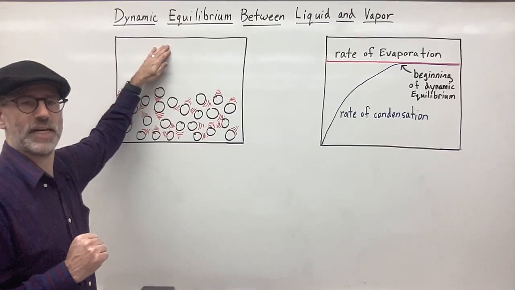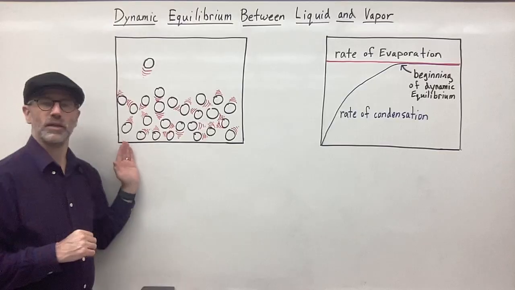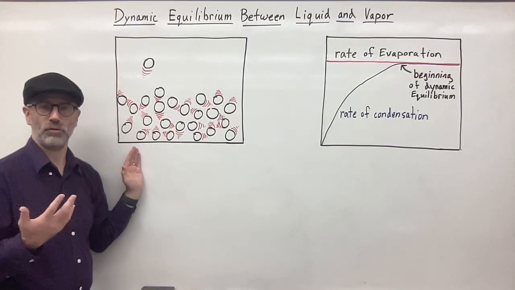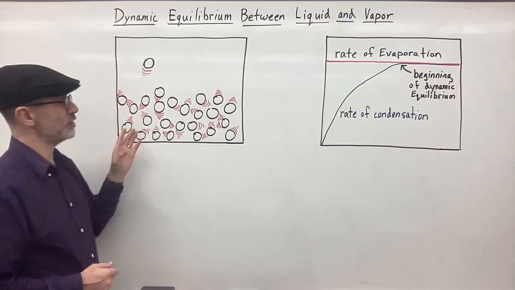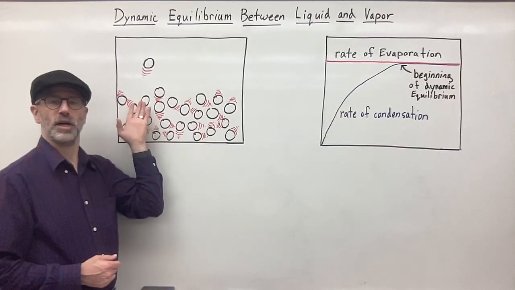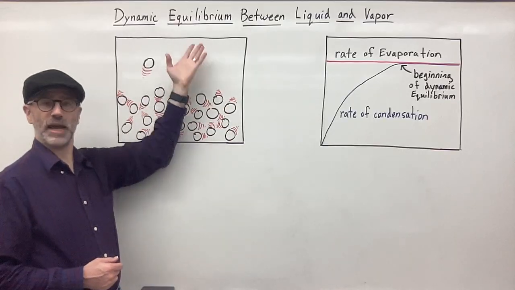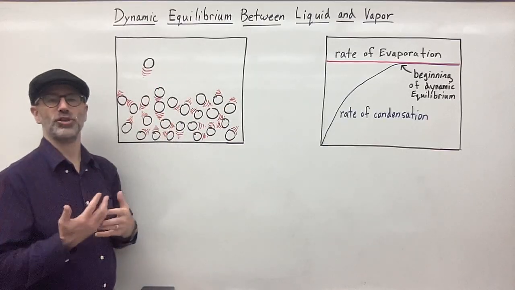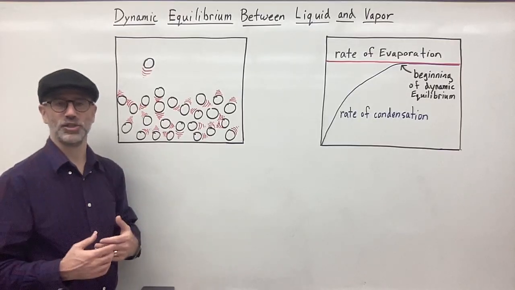The rate of condensation is 0, but the rate of evaporation is some number of particles per second. But as soon as you get water molecules breaking free of the surface and joining the vapor phase, now you're going to start to see the opposite process, which is condensation.